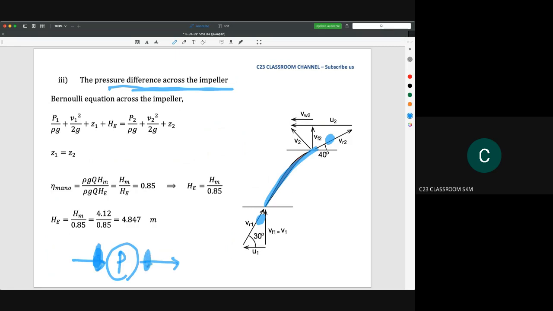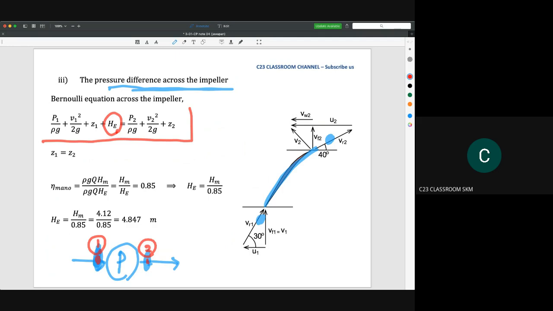Okay, so let's say we use the idea of this one. We use the Bernoulli equation. We have point 1 here, and point 2 as outlet here. Then we could write the Bernoulli equation as this one: P over rho G, plus V squared over 2G, plus Z, plus Euler head. Why do we use Euler head?